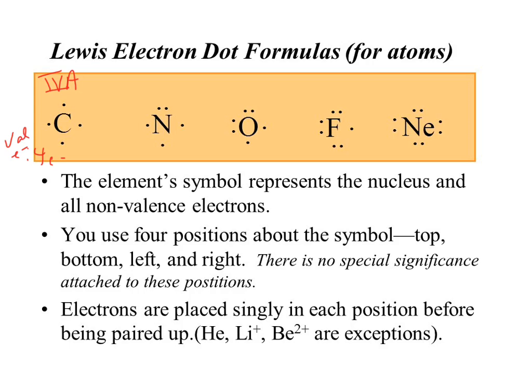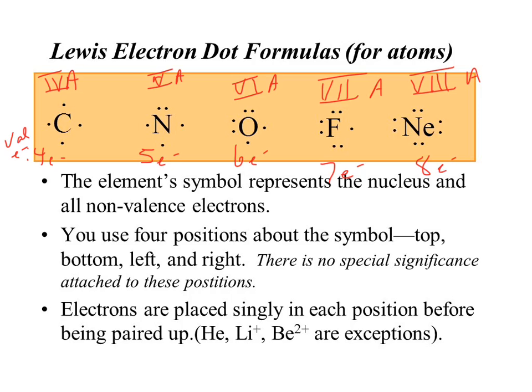Nitrogen is Roman numeral 5A, has 5 valence electrons. You get the idea. As we look at these Lewis dot structures, think of those electrons as being the valence electrons. And over here, neon is a rare gas, in 8A, so that is that magical octet again.